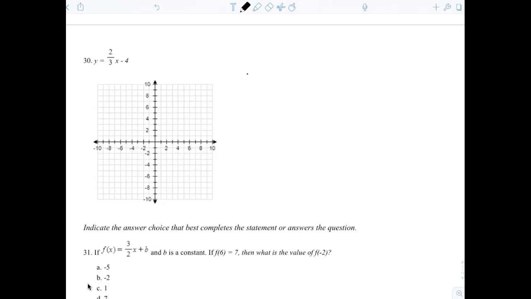Now when I plug 0 in, I get what? So my pattern, the next one would be negative 2. So here we go. Negative 3, negative 6. It isn't showing up on the board.